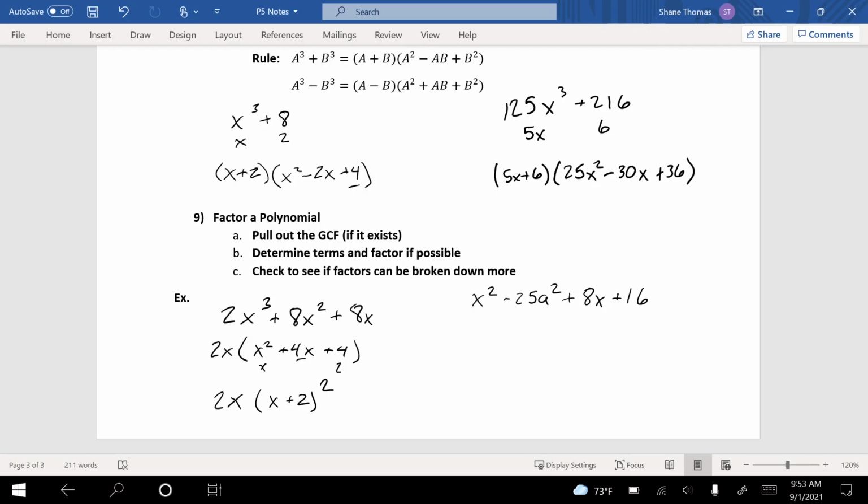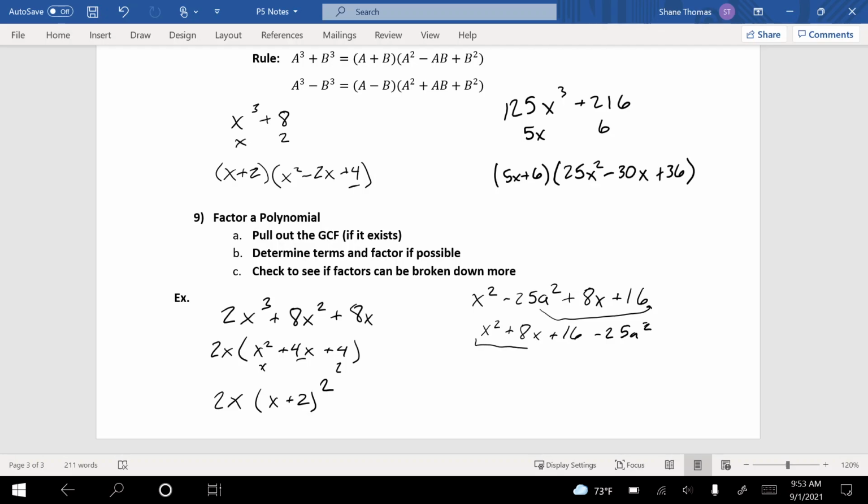That 25a squared, right? Let's do this. Let's rewrite it. So let's put him at the end. X squared plus 8x plus 16 minus 25a squared. I didn't change the thing at all, did I? I just rewrote it. That's perfectly legal to do.